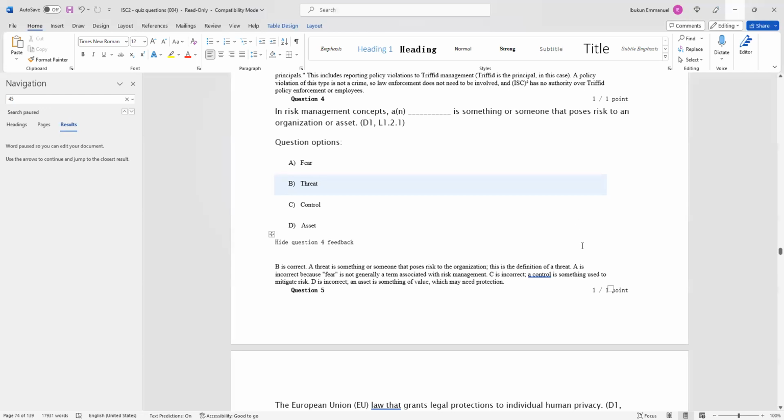What is a control? Let's type a few controls. So you have your laptops left on desks at lunchtime. What is a control that could be used to reduce the risk of someone just walking in and taking a laptop away? Controls. Let's take a look at the chat window.